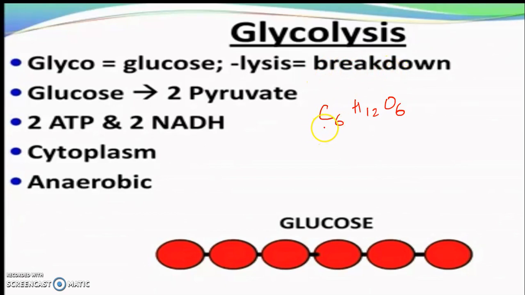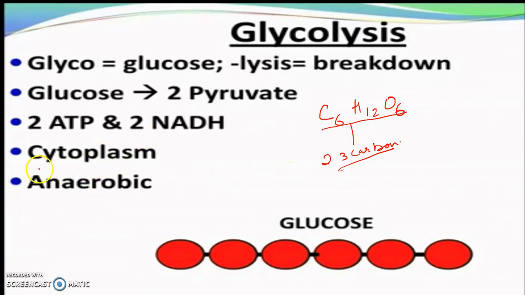So in glycolysis, there is a breakdown of glucose into two molecules of 3 carbons, which is also called pyruvate.